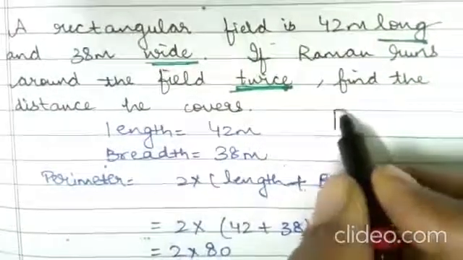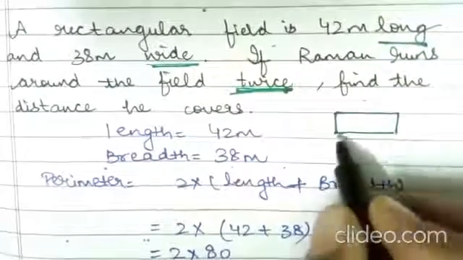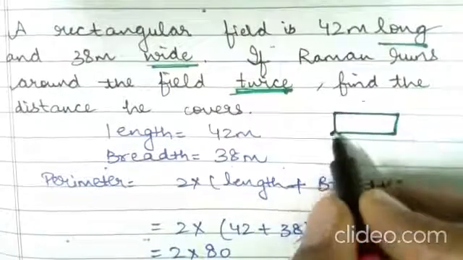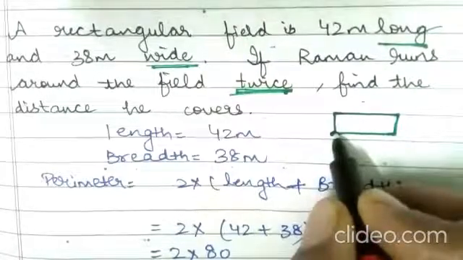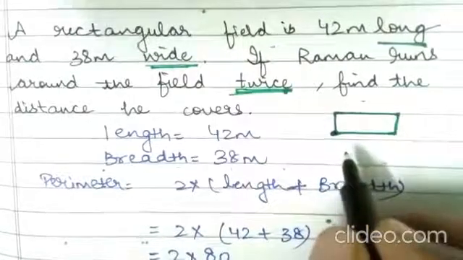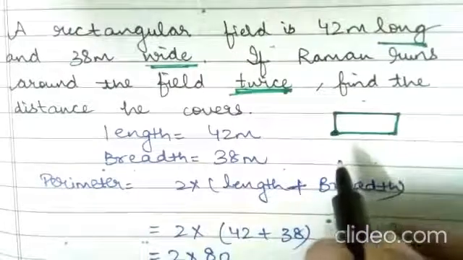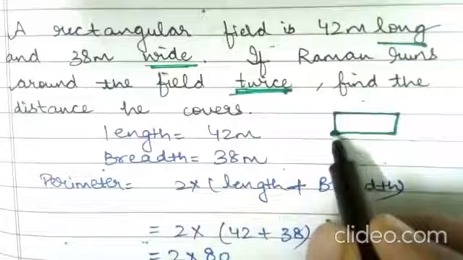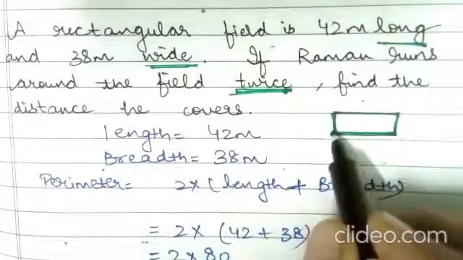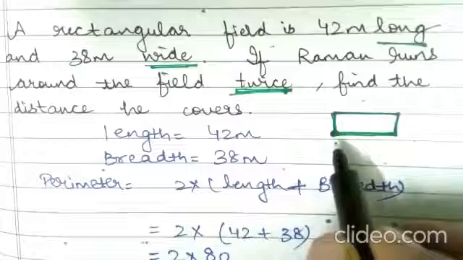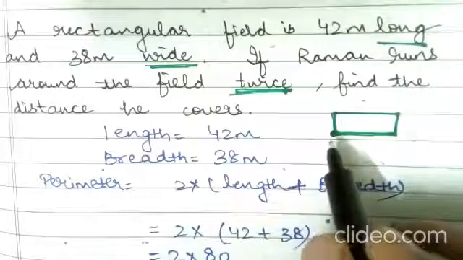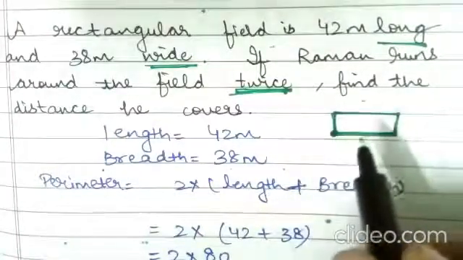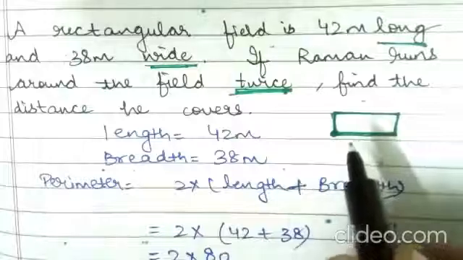Now see here, if I start from here and end here, it completes my 1 round, which is equal to the perimeter. So if Raman is running around the field twice, first of all we will find the perimeter and then multiply it with 2.